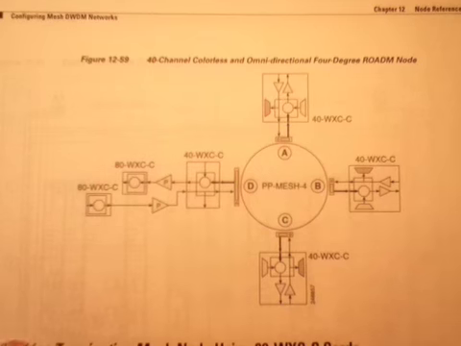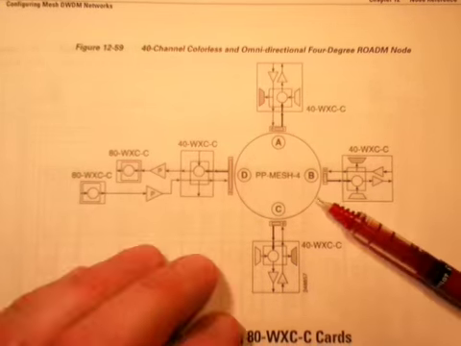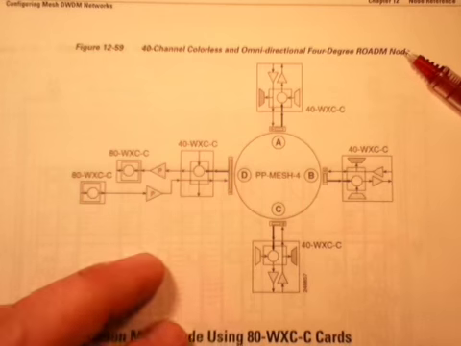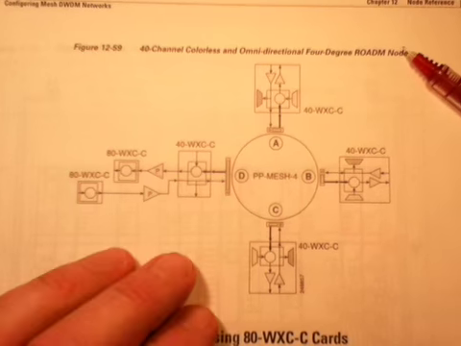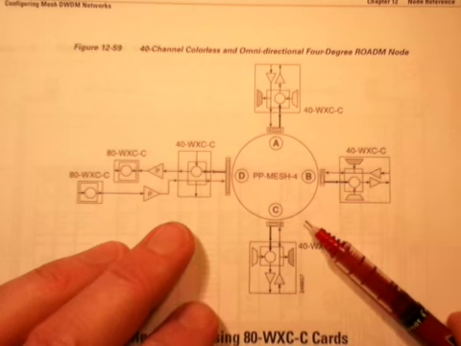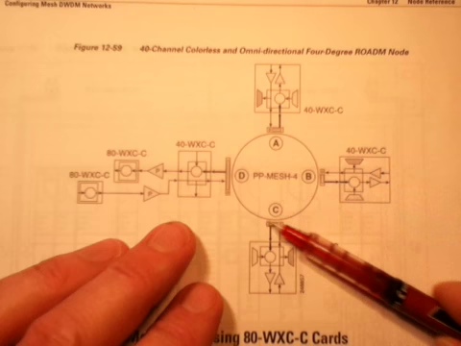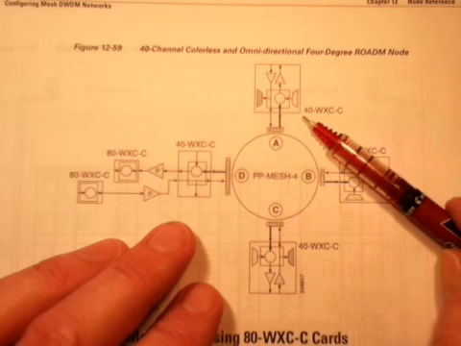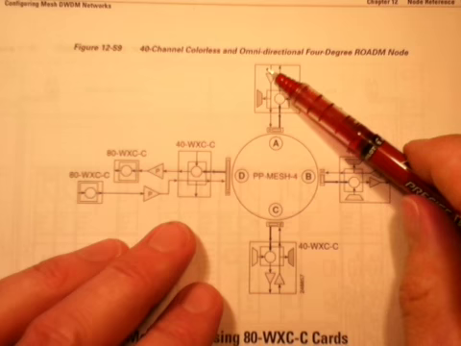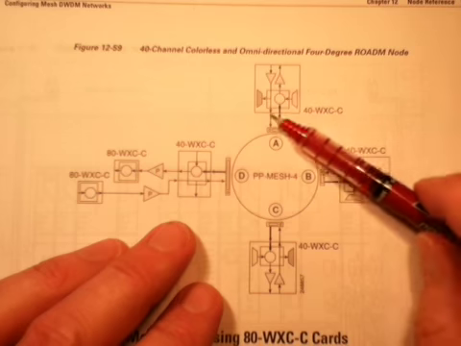This chapter also includes how to make a mesh node, and this is a single piece of a mesh network created out of a ring that each has a 40-channel wavelength cross-connect optical add-drop multiplexing node added.